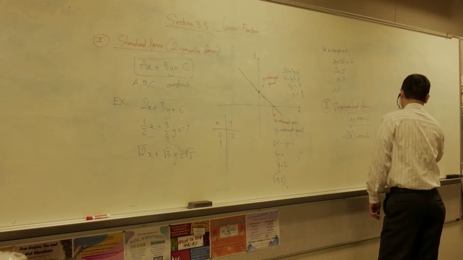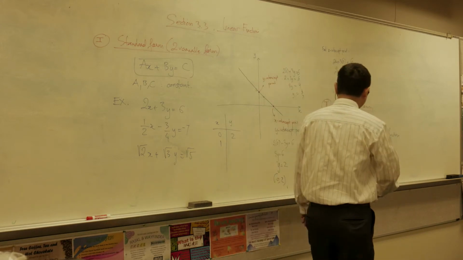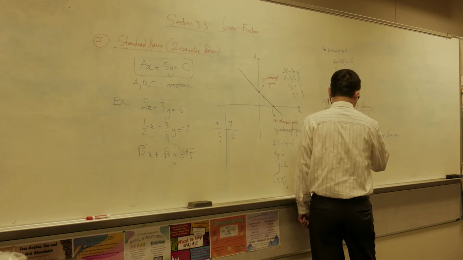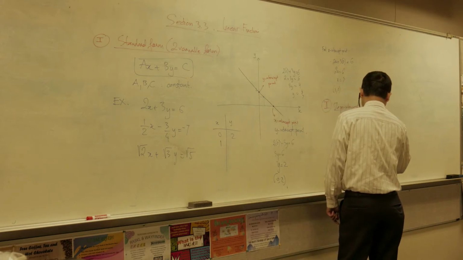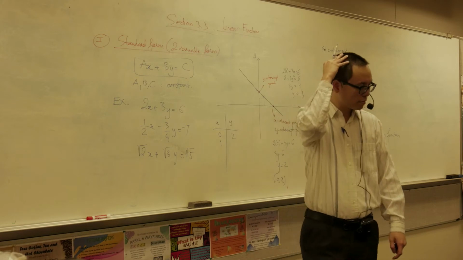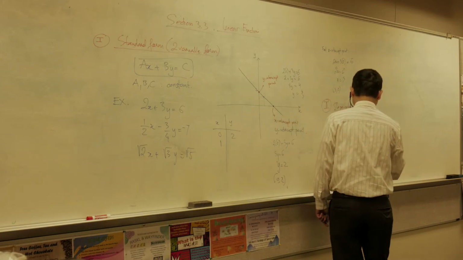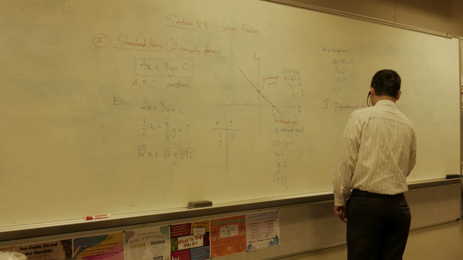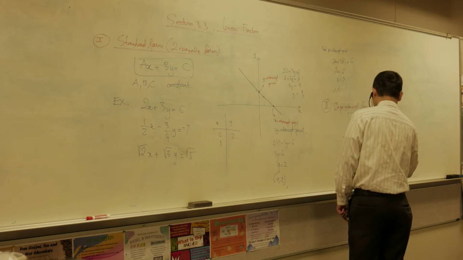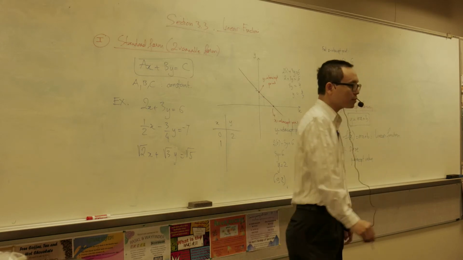Let's try to understand each variable here. The letter m, we call the slope. And the b, we call the y-intercept value.